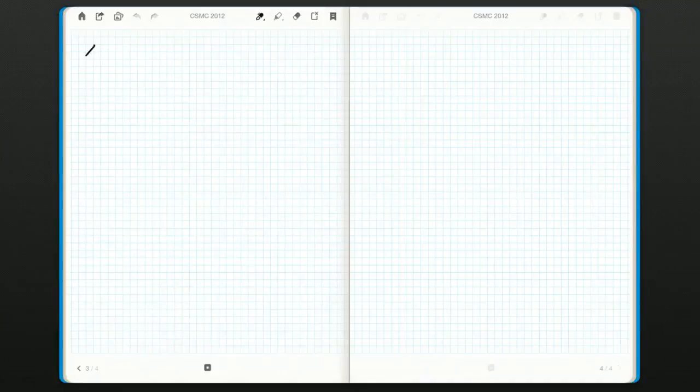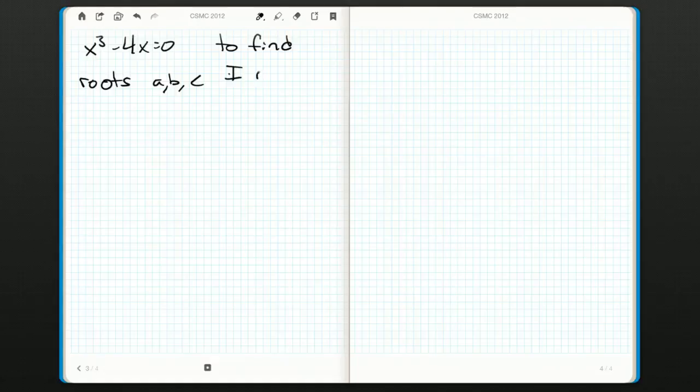So, I want to find the roots a, b, and c, I have to first factor the polynomial.